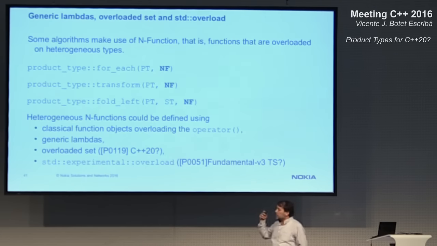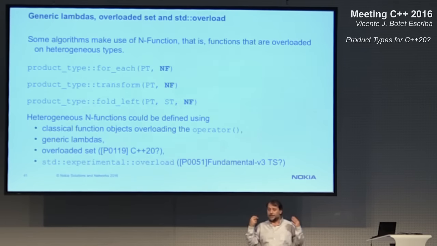Then we have this need of an overloaded function. And we can do it today with classical function objects and adding overloads. We can do it also with generic lambdas. We could maybe do it also with a feature that I hope will be part of the next standard, overload set.